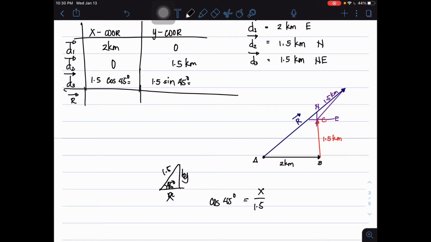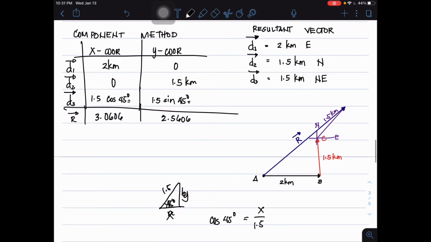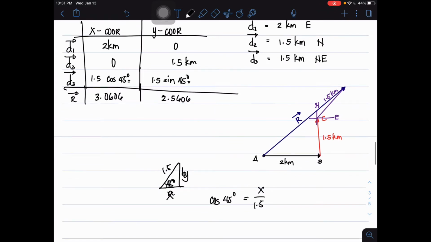So 2 kilometers plus 1.5 cosine 45, we have 3.0606. Next, 1.5 plus 1.5 cos 45. So that's 2.5606. They are both positive because as you see, the resultant vector is in the first quadrant.